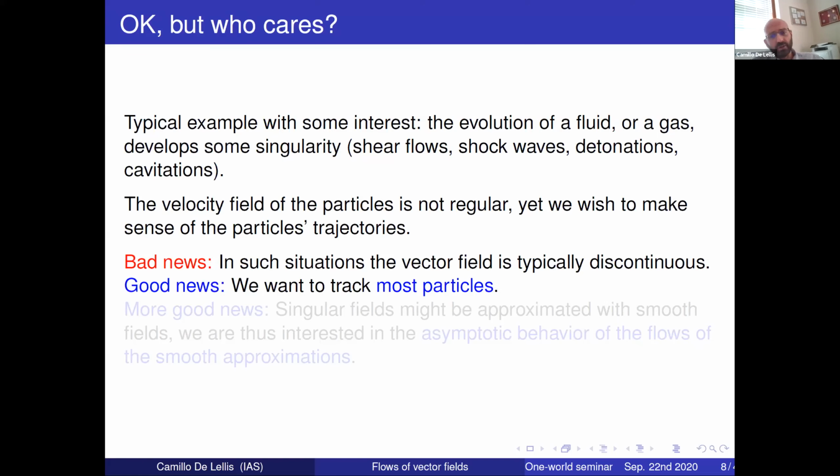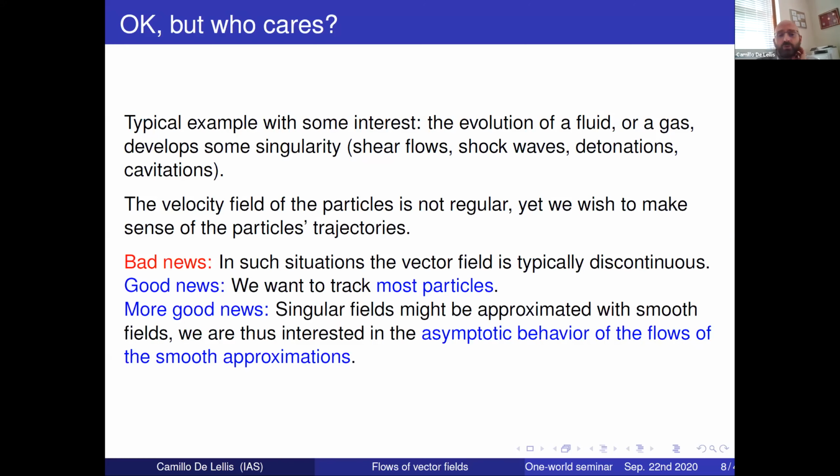On the other hand, maybe the good news is that you might not want to track actually every single particle of the fluid, but you want to track most particles in the fluid. And so you want to build more like a measure theoretic substitution of this flow map phi.